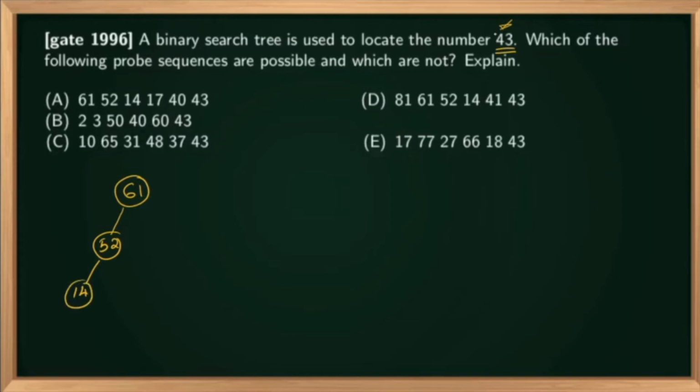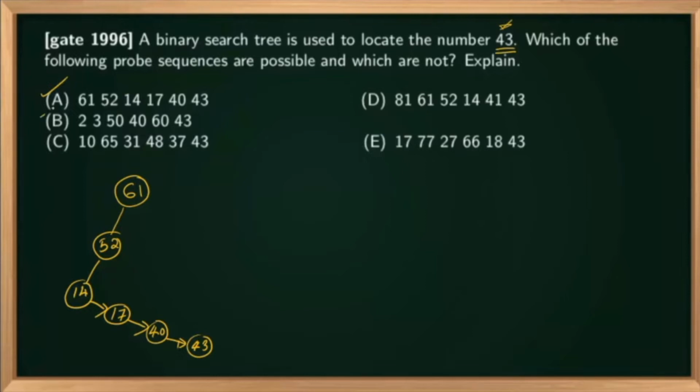We are searching for 43, so we should go right. Then we see 17, that is also right because 17 is greater than 14. Then we go right and see 40, right? Then we go right again and see 43. So this is actually a valid probe sequence. So A is a valid probe sequence.